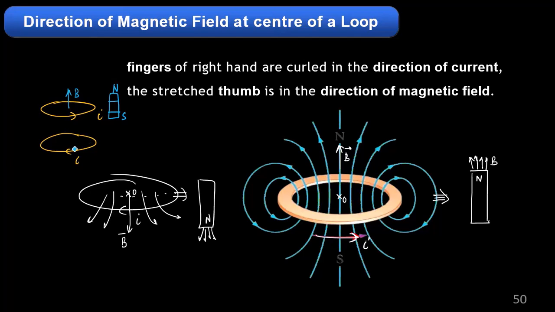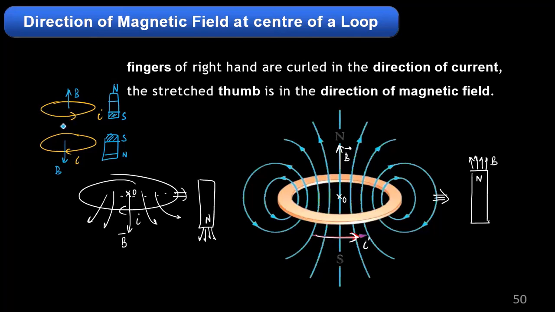For the bottom loop, the magnetic field line is downward, so it can be treated as another magnet whose north pole is downward and south pole is upward. Now these two magnets are coming south pole together, so they will repel each other. They will repel each other, even though actually the magnets are not there.